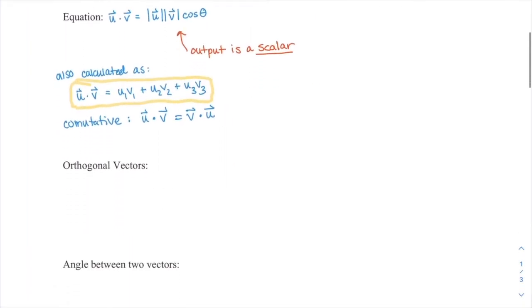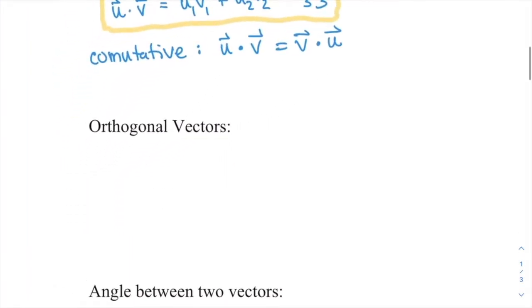Now, like I mentioned, for orthogonal vectors, we get a very special result. So if u and v are orthogonal, or they're perpendicular, then you know that theta, the angle between them, will be pi halves, or pi halves radians.